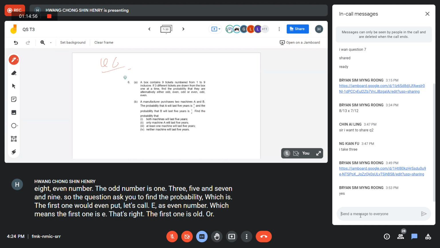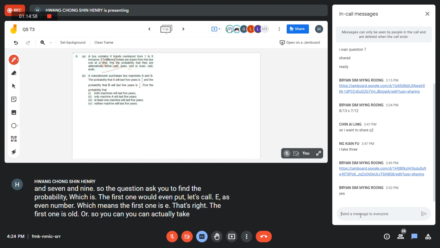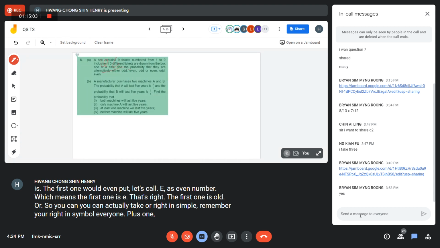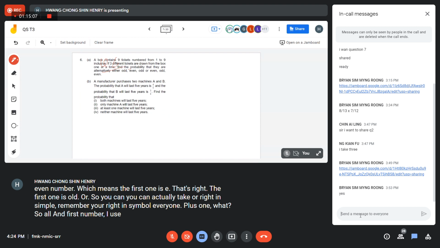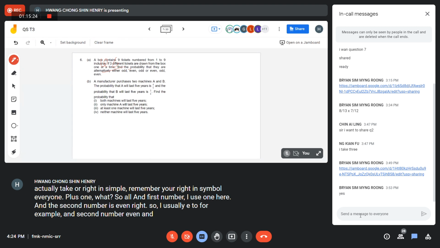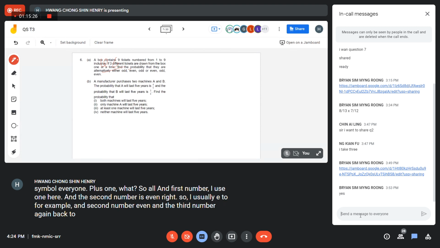You can actually write it in symbols. Remember, write in symbols, everyone. First one odd, so O, and for the first number I use 1 here. The second number is even, so I use E2. First number odd and second number even, and the third number again back to odd, O3.